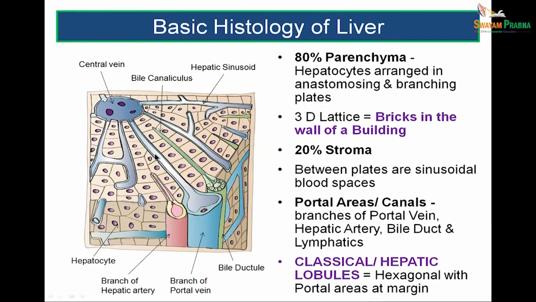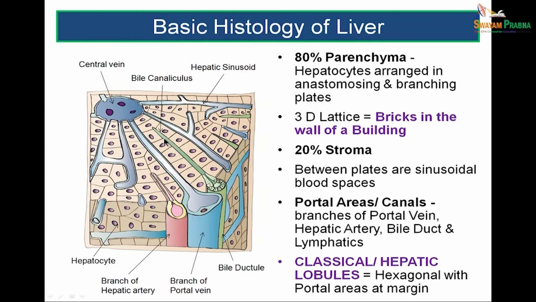Between the hepatocyte rows, you see these blue structures. These are the sinusoidal spaces which lie between adjacent cords of hepatocytes. The sinusoidal spaces connect to a portal vein at one end and drain into the central vein at the other side. Also present between these sinusoidal spaces and the hepatocytes are the bile canaliculi.